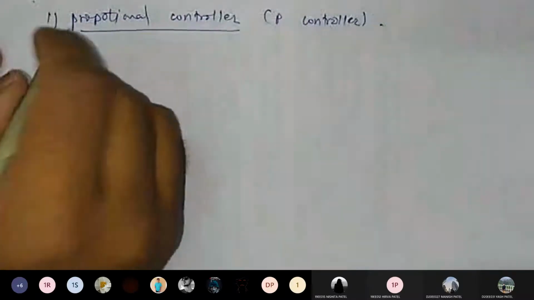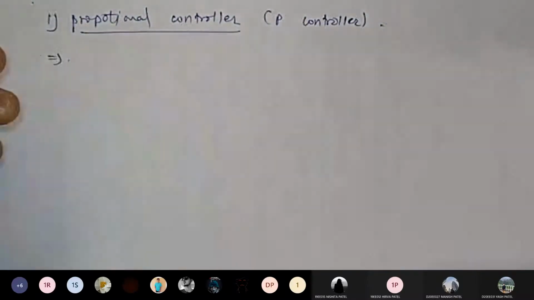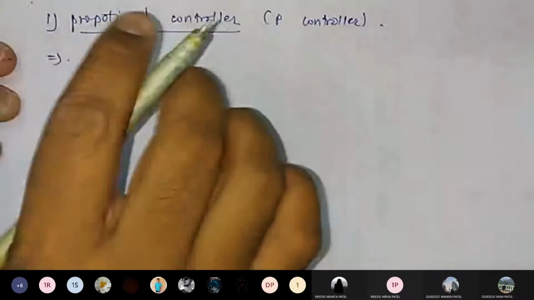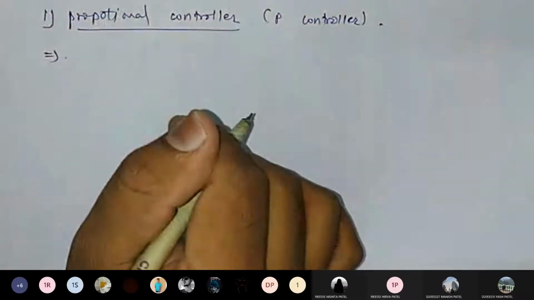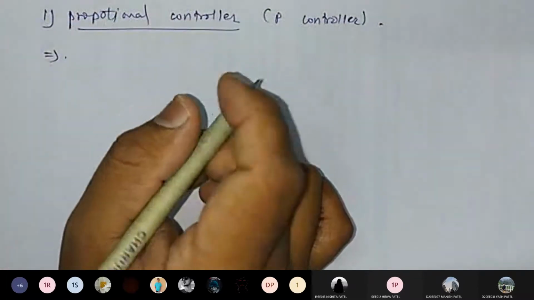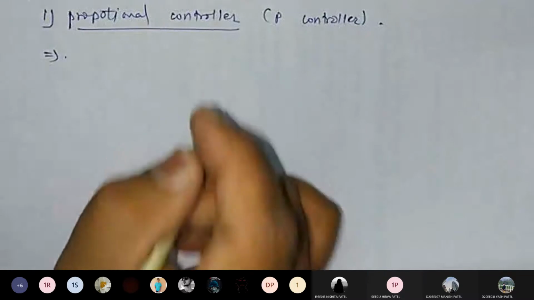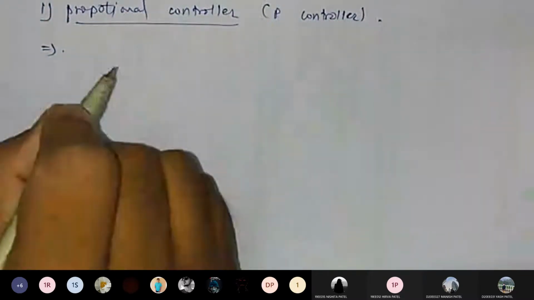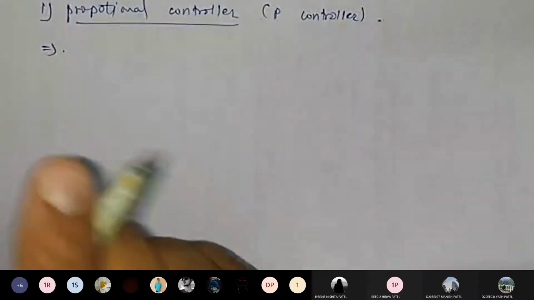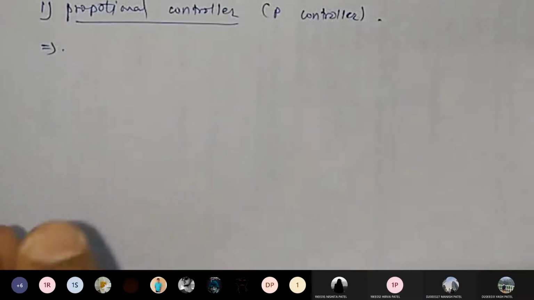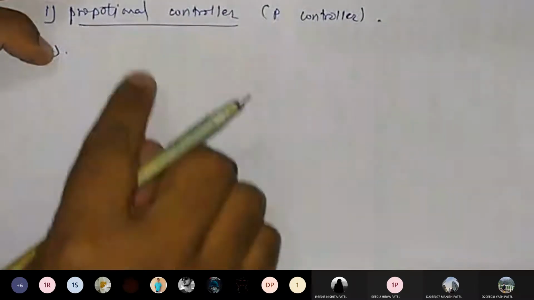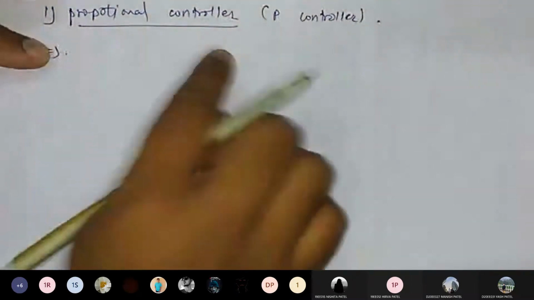So what does a proportional controller do? You can find the theory in our lab manuals also, and in the books, but I will be making a summary over here. What is a proportional controller?